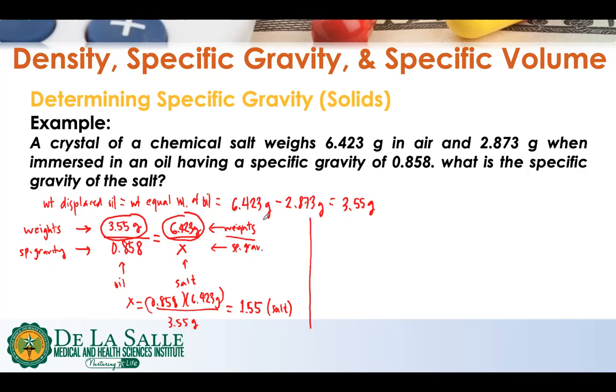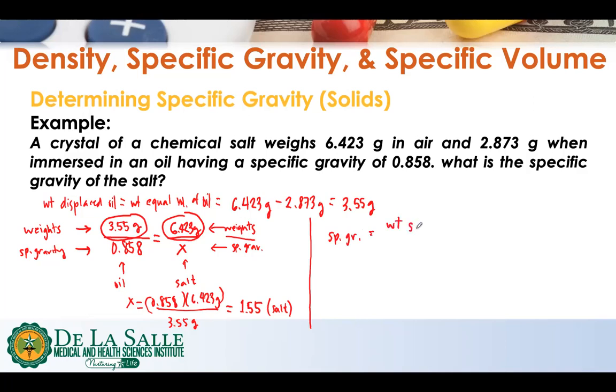So, knowing the weight of an equal volume of oil or the weight of the displaced oil, we can actually determine the weight of the displaced water if the chemical salt were to be immersed in water. But that is not possible because we know that the chemical salt will be soluble in water. Okay, so it's just an assumption. And that is also the weight of an equal volume of water, which is the standard that we use in determining the specific gravity in this particular formula.